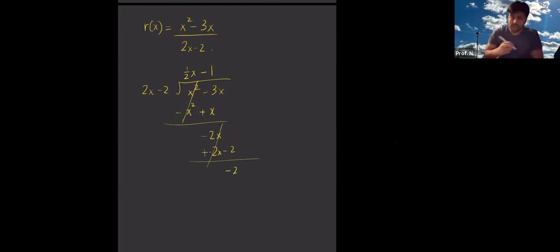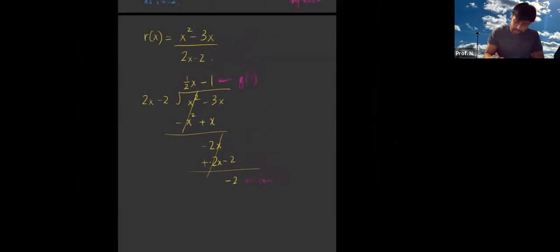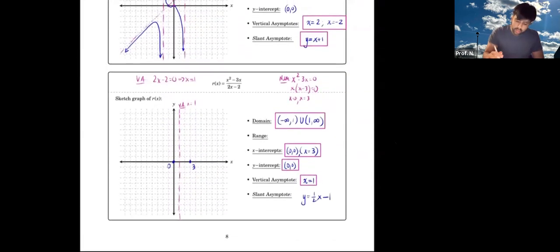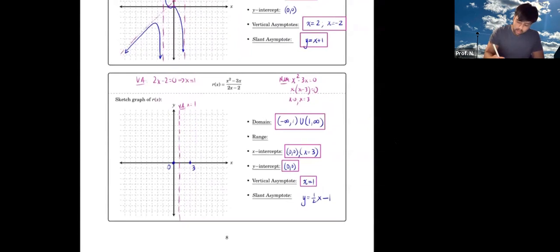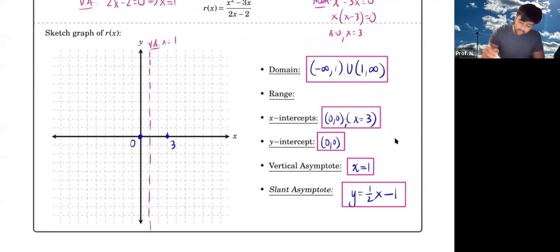So again, we don't care about the remainder for slant. We care about the quotient for slant. So my slant asymptote is the quotient. So my quotient will be y equals 1/2 x minus 1. And that's my slant. So we go to negative 1. And then we draw the slant. So at negative 1, we do 1/2.